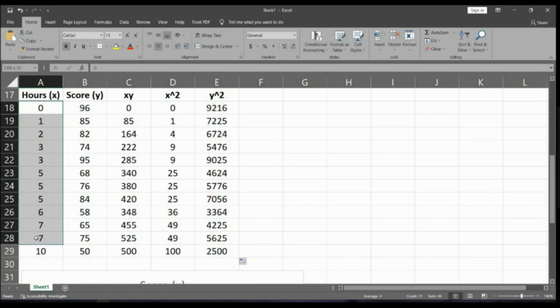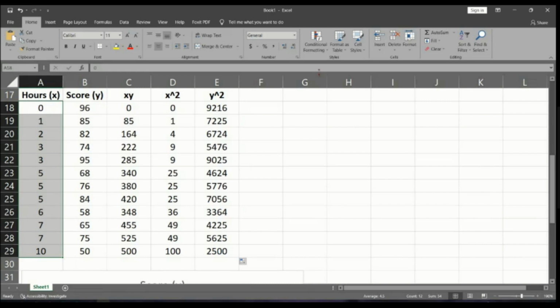So manually, pwede nyong i-add yan isa-isa, but be sure to input the right values, no? Kaya ang tendency nito is may ma-misinput kayong values. So your solutions will be messed up. So dapat accurate kayo when using your calculators manually.